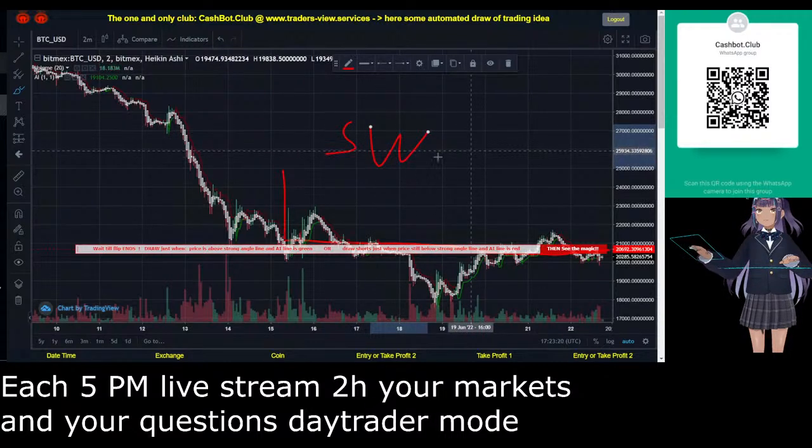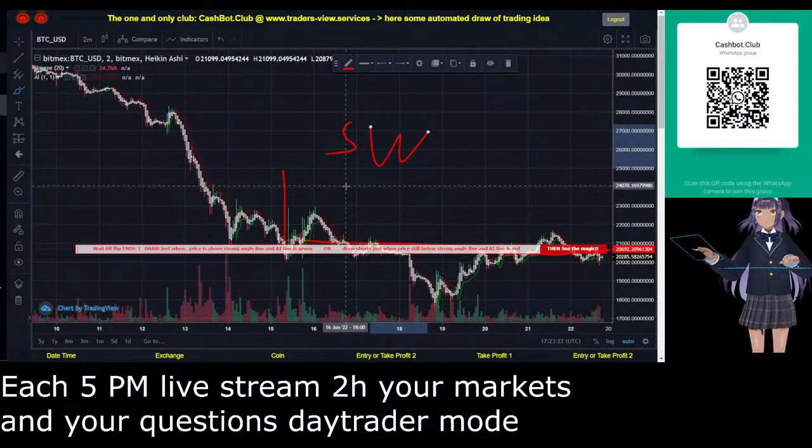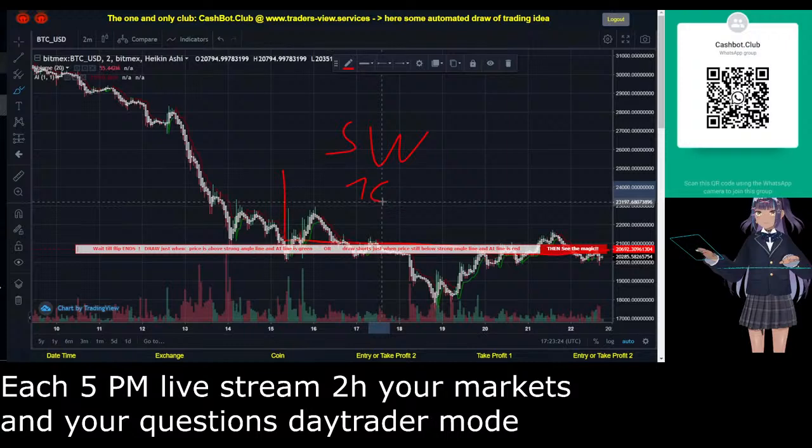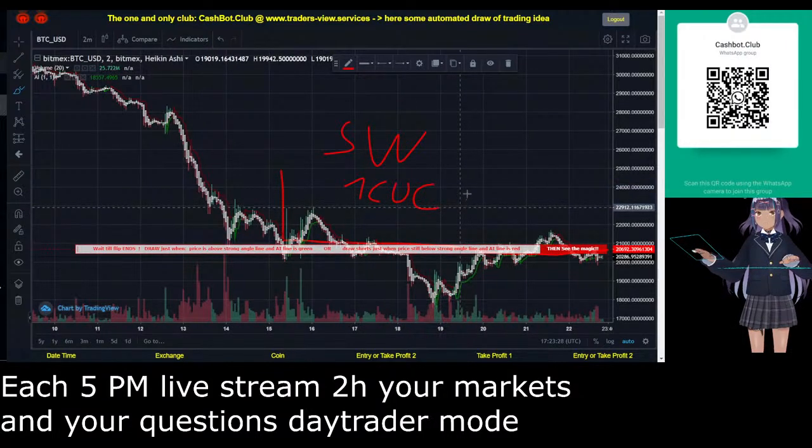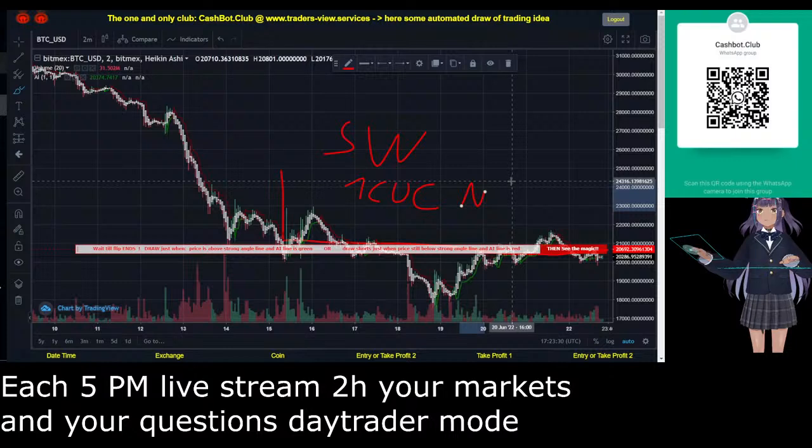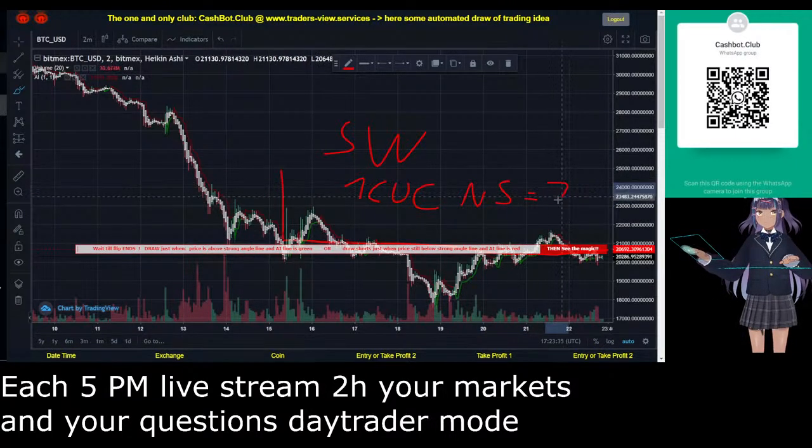A sideways with one CUC, non-static, and that is here 20%.